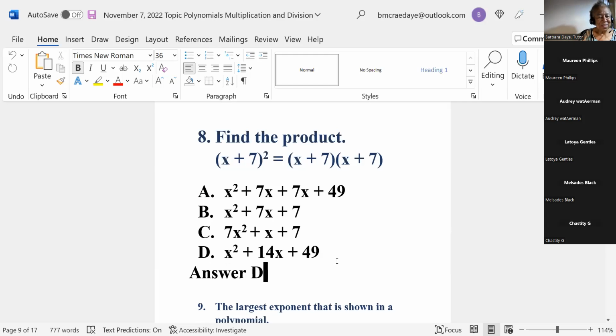First of all, 7 times 7 is 49, and x times x is x to the second power. Then we got 7x and 7x, which add up to what? A 7x plus 7x, Mercedes.